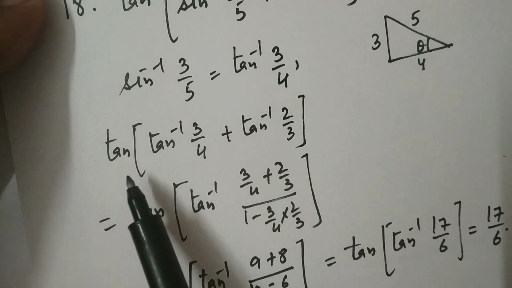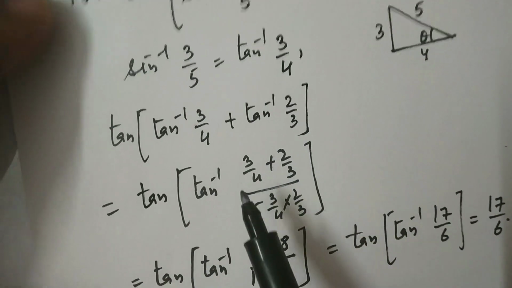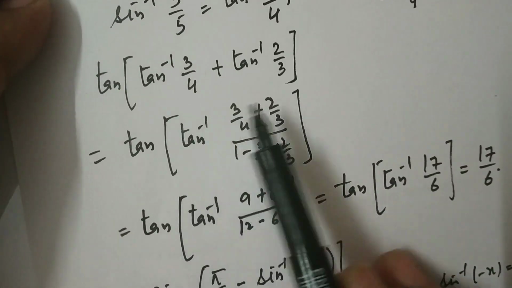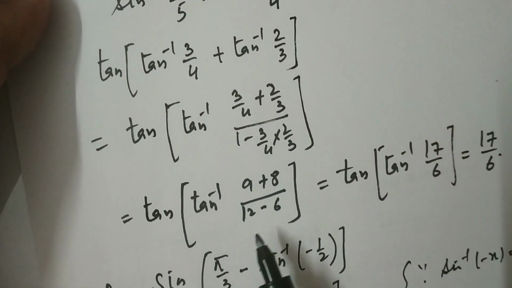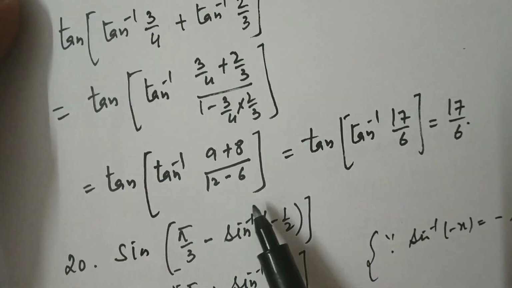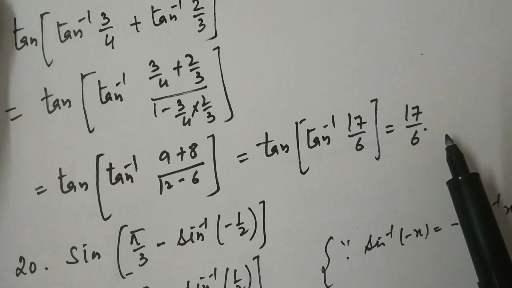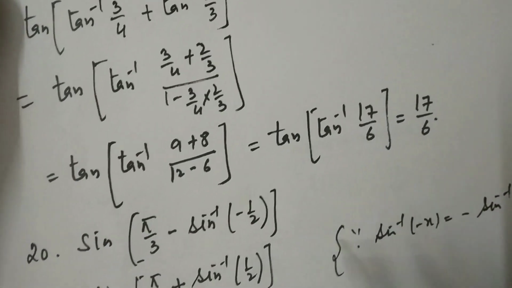So it changes to tan of tan inverse 3 by 4 plus tan inverse 2 by 3. Applying the formula I get tan of tan inverse 9 plus 8 upon 12 minus 6, which gives me tan of tan inverse 17 upon 6. Hence the answer is 17 upon 6.